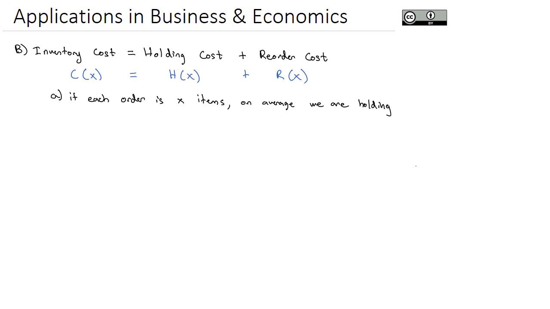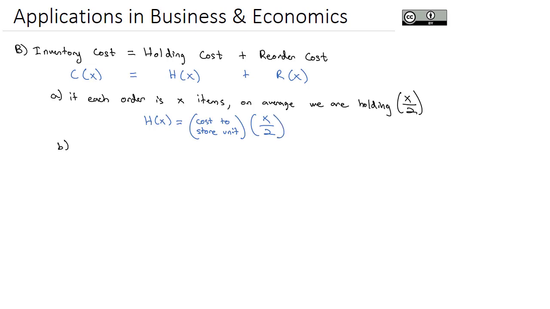If we average x and 0, x plus 0 divided by 2 is just x over 2. The average amount we're holding at any time in storage is x over 2, which means our holding cost, h of x, is going to be the cost to store units, whatever that cost is, times that average x over 2.